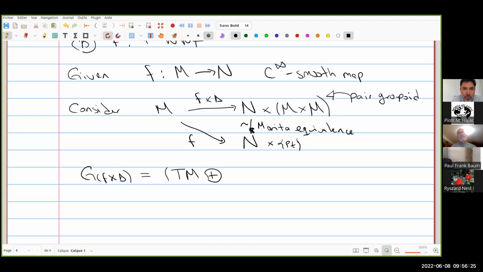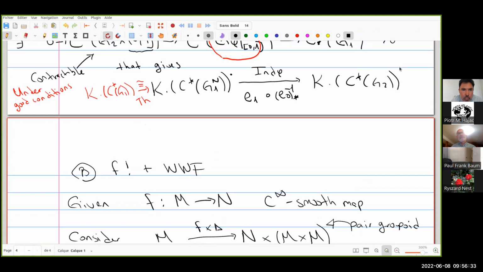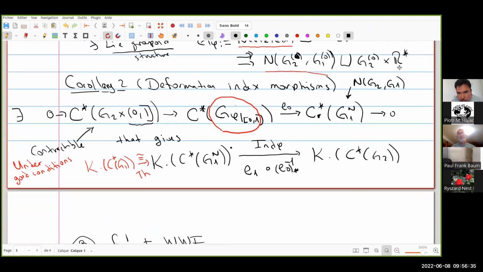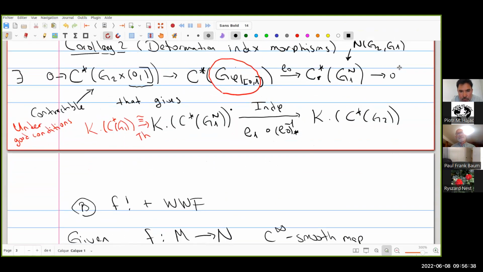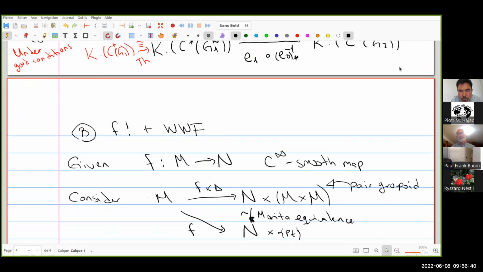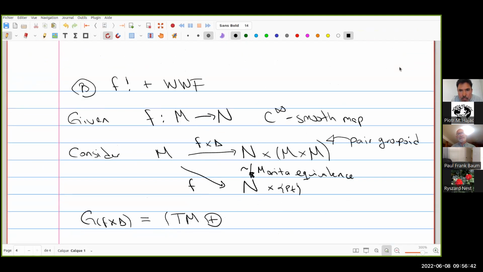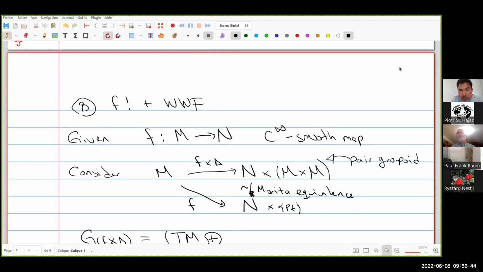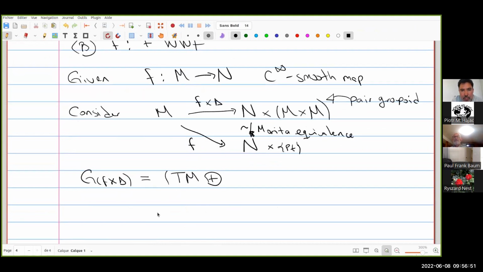When you want to define the F lower shriek, F has to be proper, and K-oriented. For that, it has to be proper. But I'm not yet defining the Schrick map, just the groupoid. Yeah, okay, the groupoid can be defined.